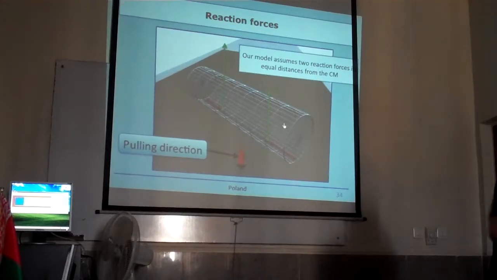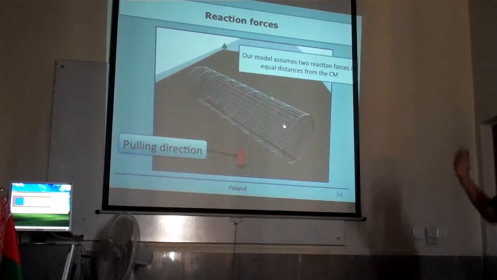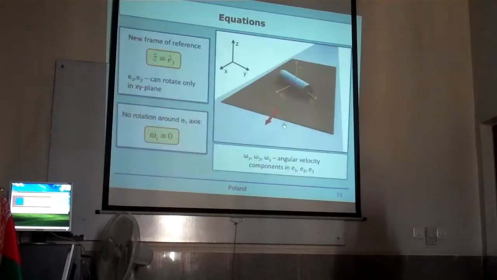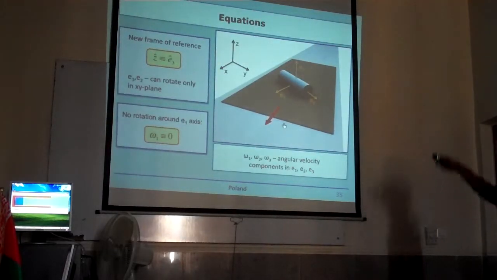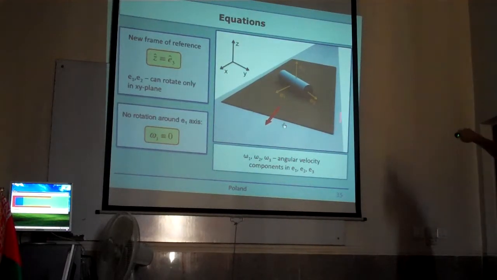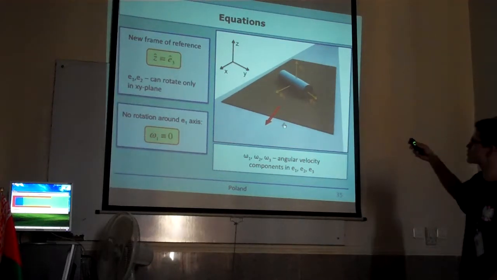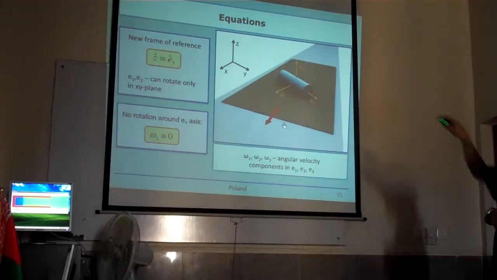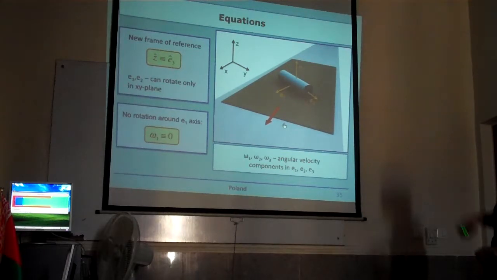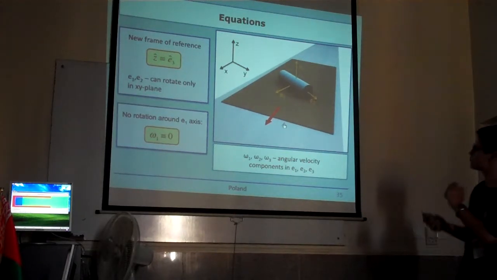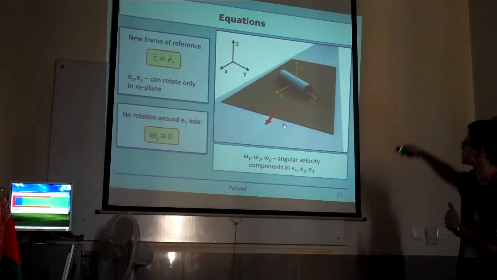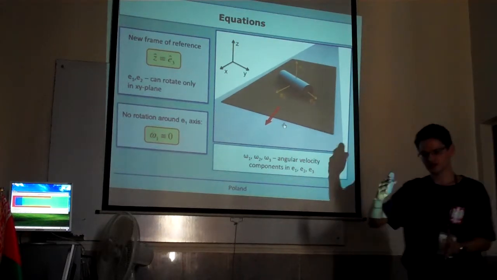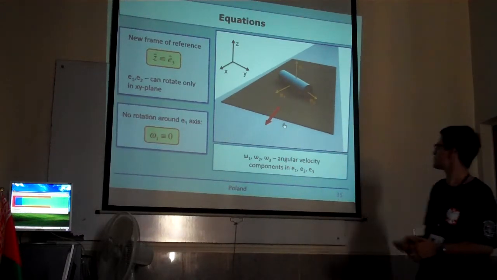In order to find what happens with such a cylinder, we introduce a new frame of reference, e1, e2, e3. In this new frame, e3 is always equal to z, and we assume that there's no rotation around the e1 axis, so the cylinder will not detach from the paper.